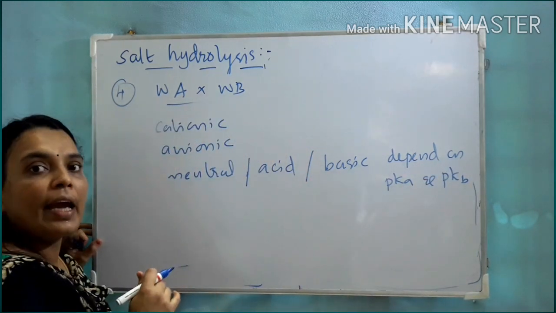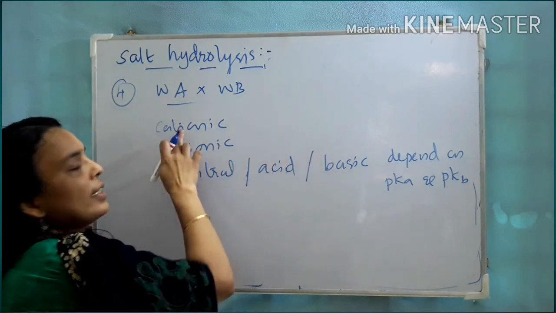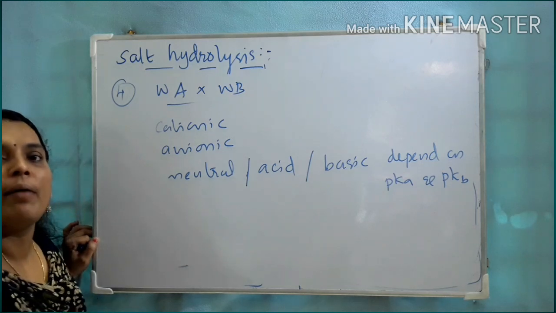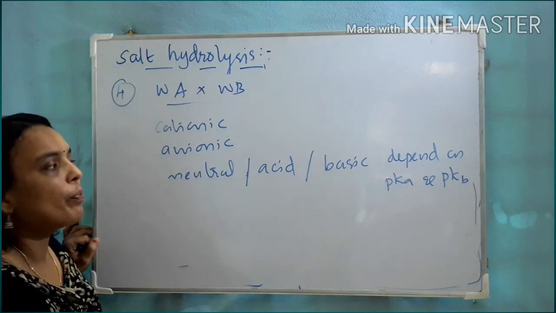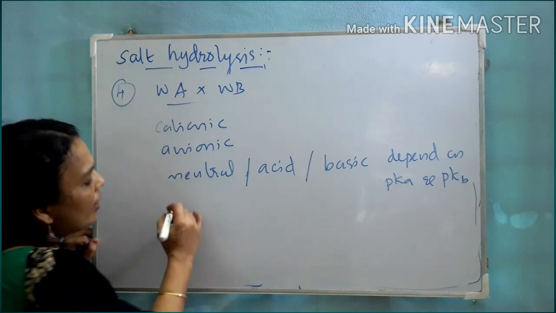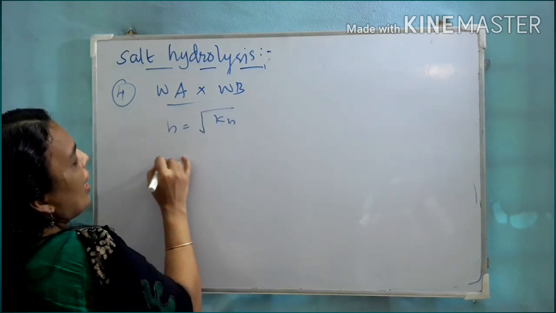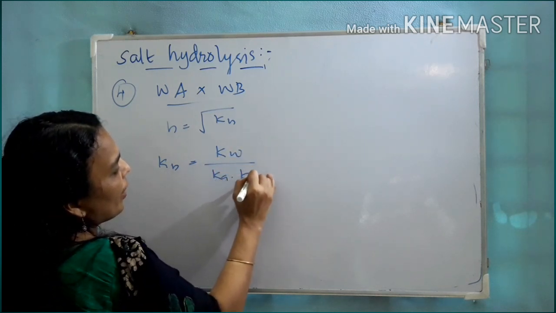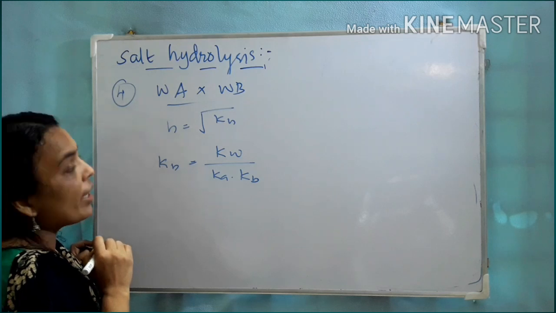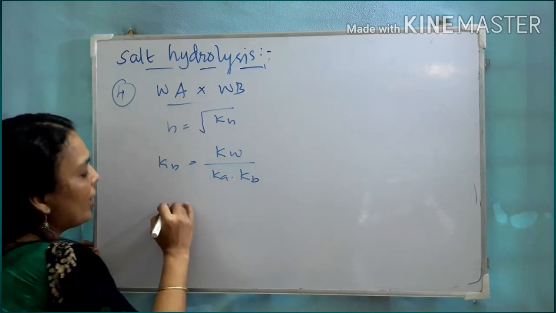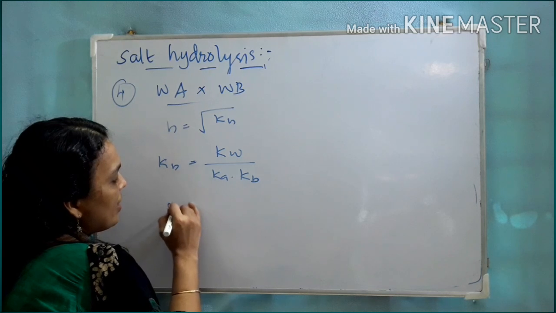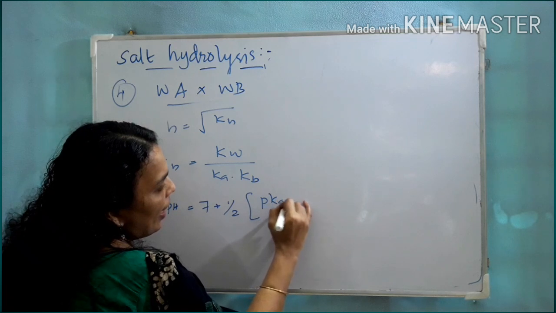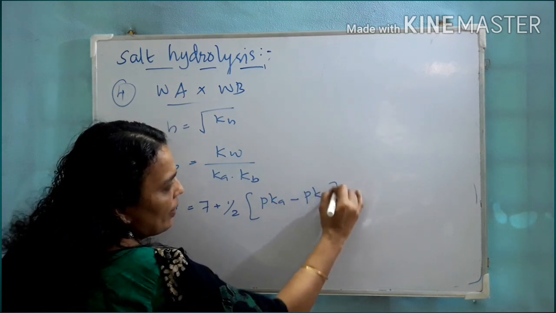As Ka increases, the solution becomes acidic, as Kb increases, the solution becomes basic. Then KH is equal to Kw by Ka into Kb. KH is equal to Kw by Ka into Kb. And pH is equal to 7 plus half of pKa minus pKb.